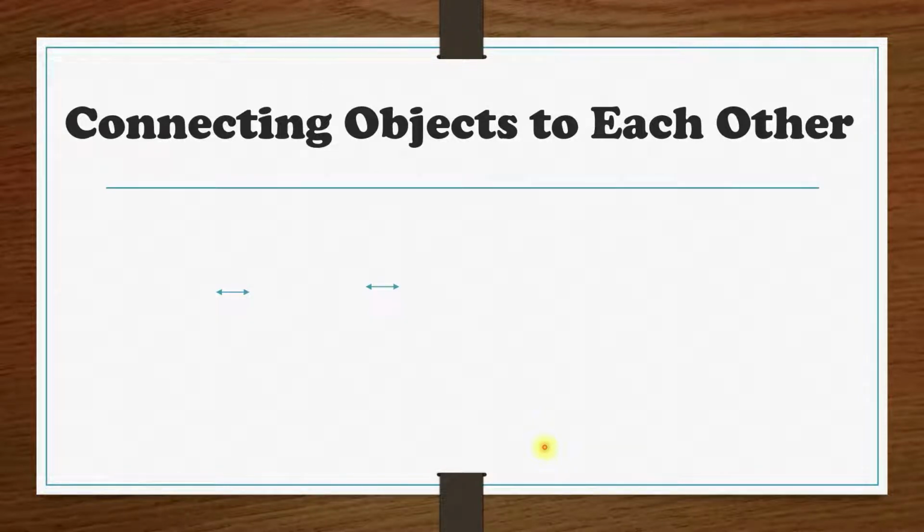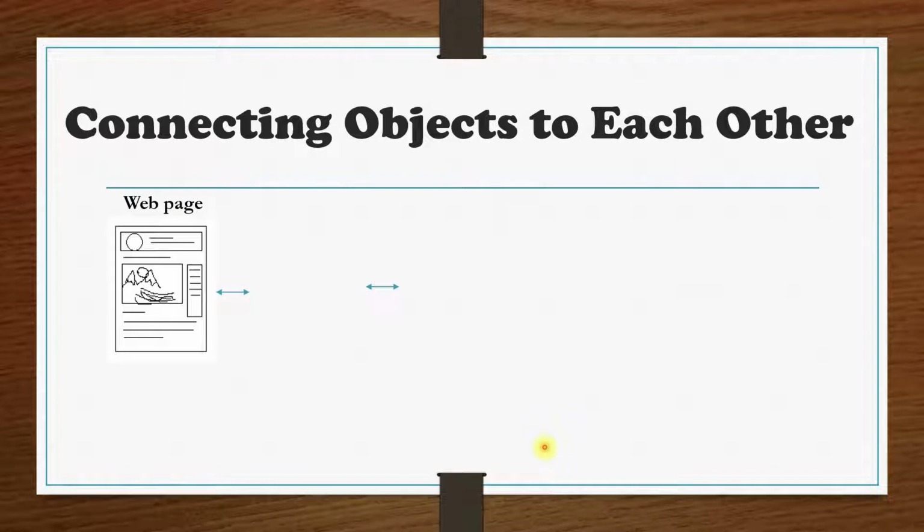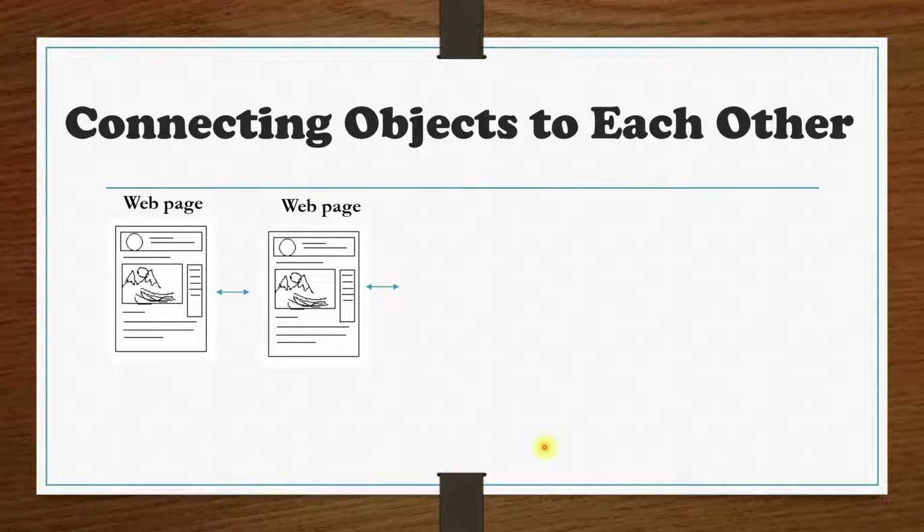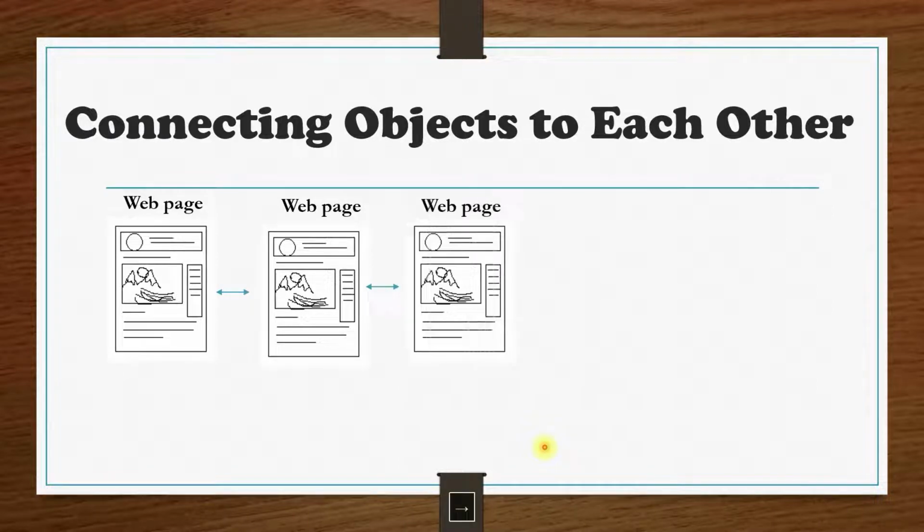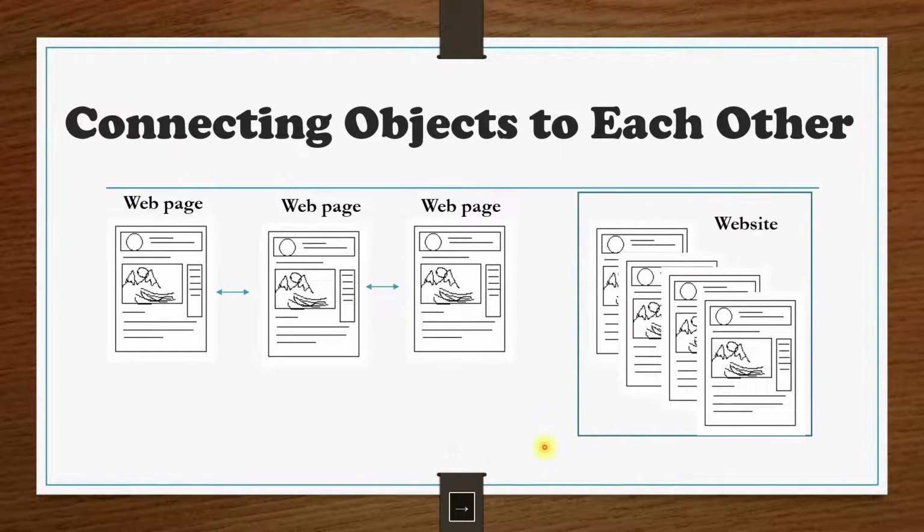So suppose that we have one object, which is a web page, and we connect this object to another object, which is a web page too. And then we connect the second web page to the third object, which is once again a web page. And finally, by connecting our objects, especially if our objects are web pages, to each other, we can make a website.